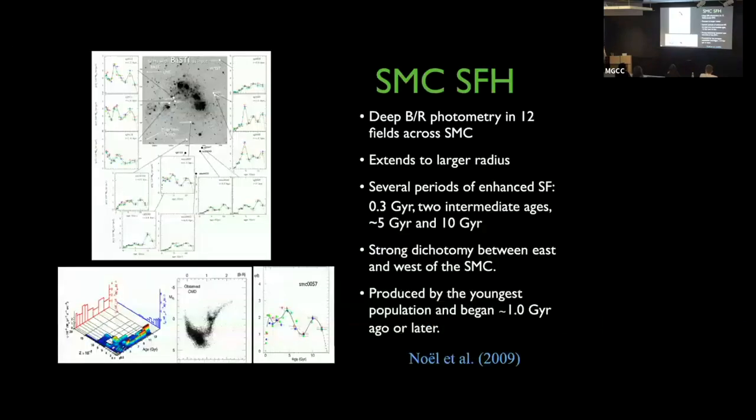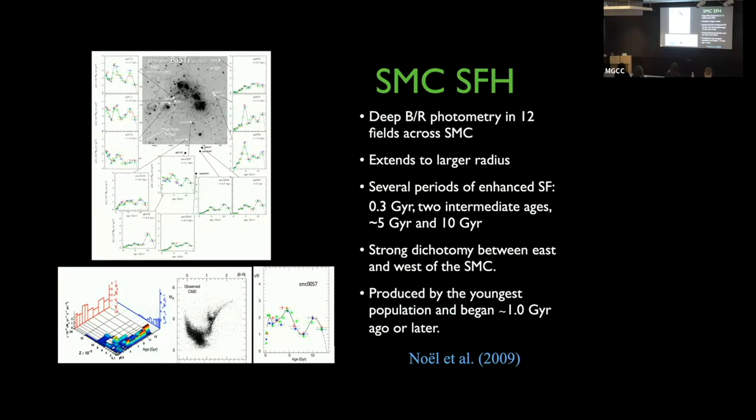All right, and then Noël, Carrera, and Gallart performed pretty deep BVR photometry in 12 fields across the SMC. This extends to larger radius than the Harris and Zaritsky data. They found several periods of enhanced star formation, at about 5 different ages: 0.3, 2 different intermediate ages, 5 and 10 gigayears ago.